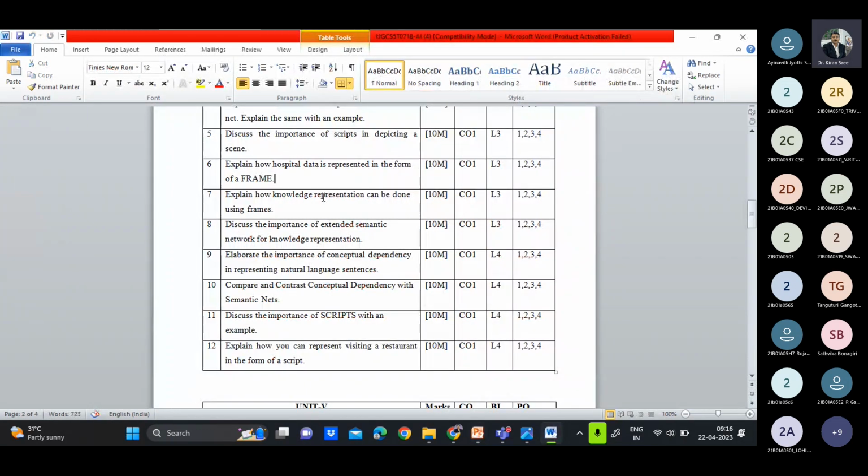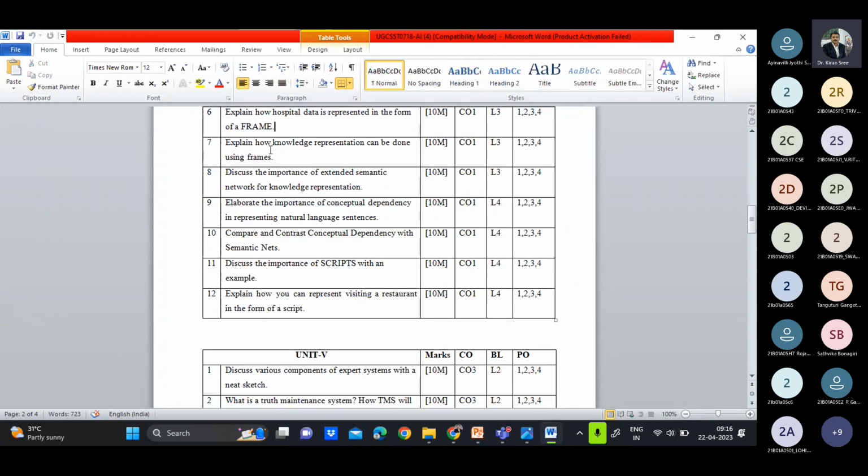So explain frame, you can write how knowledge representation can be done in frames. Discuss the importance of extended semantic network; you can write the partition semantic network. Elaborate the importance of conceptual dependency: whenever it is asked, you have to write about the relevant primitives. Compare and contrast conceptual dependency and semantic networks.